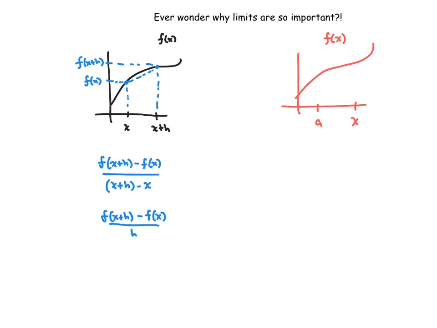Okay. So what would happen if I started to compress this interval and I brought x plus h closer and closer and closer to x? Well, the closer that I get to x, as I shrink h, what am I doing? The slope is getting closer and closer to the slope at the exact value, the exact slope at x.